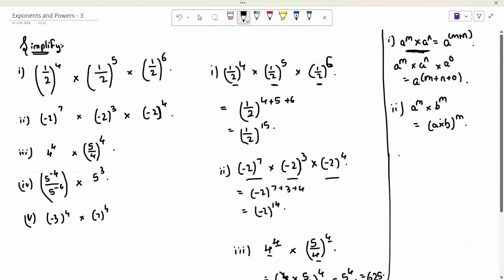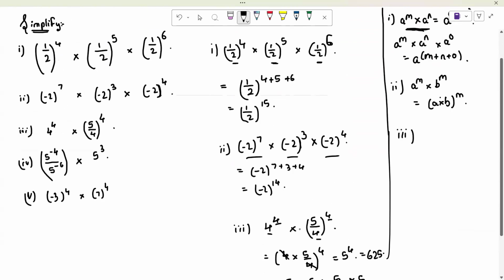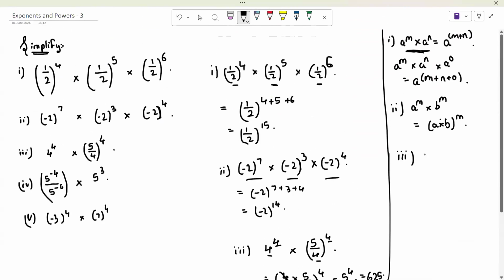Whenever we are dividing, like 5 power minus 4 divided by 5 power minus 6, we will have to use a law which is like this. a power m divided by a power n is equal to a power m minus n. Sorry, m minus n.